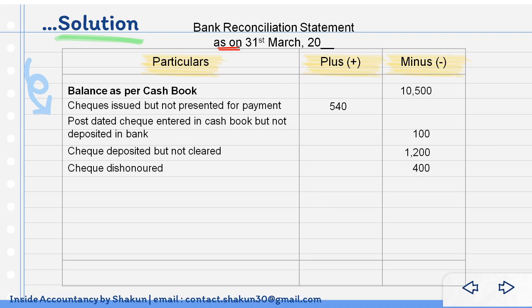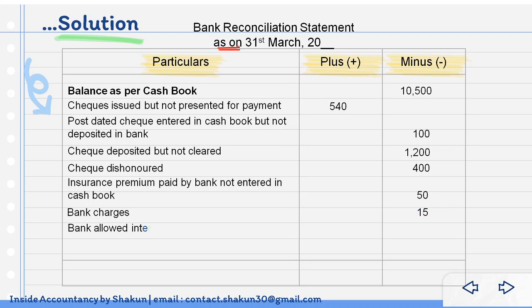All the transactions which we ascertained, whether they lead to a plus or minus effect, are recorded in the bank reconciliation statement. As you must remember, the last transaction did not affect the cash book and passbook, so I have not recorded it in the bank reconciliation statement.